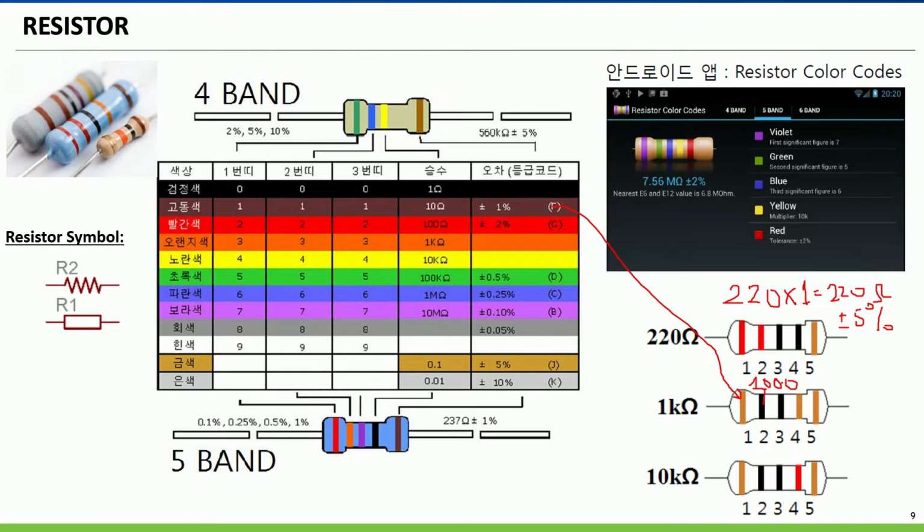So multiply 10. So this equals 1000 ohm or 1 kilo ohm.